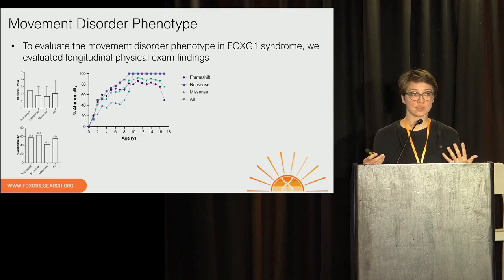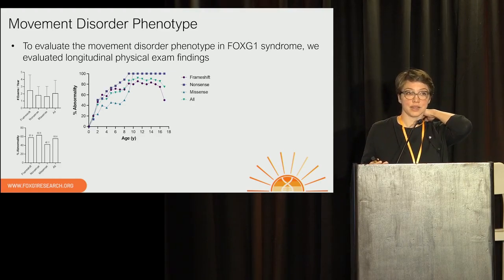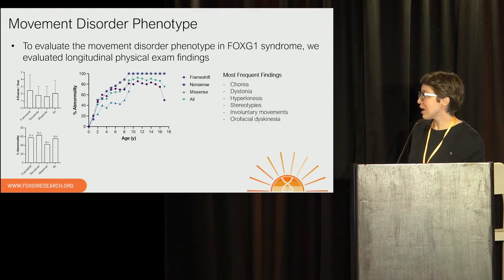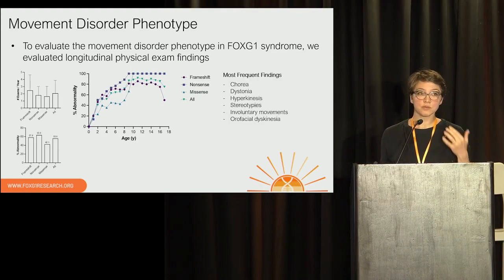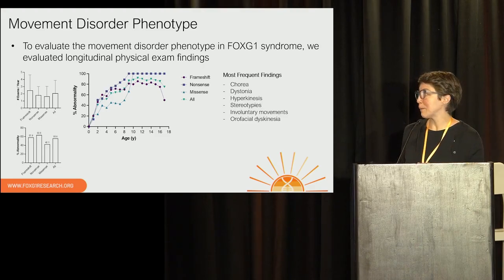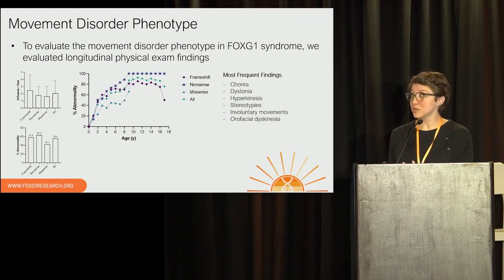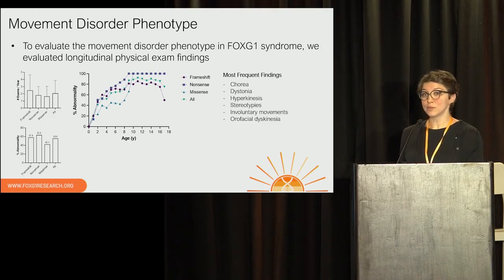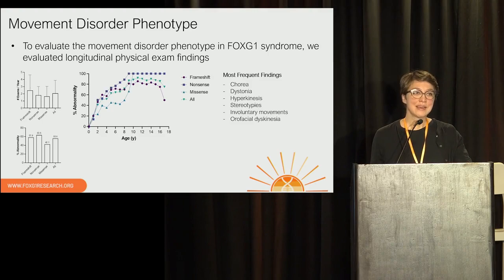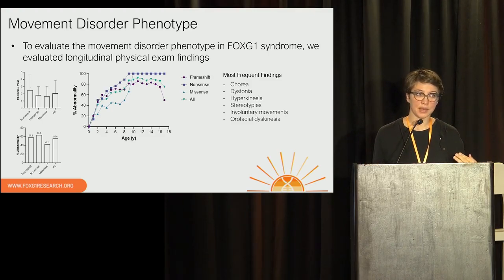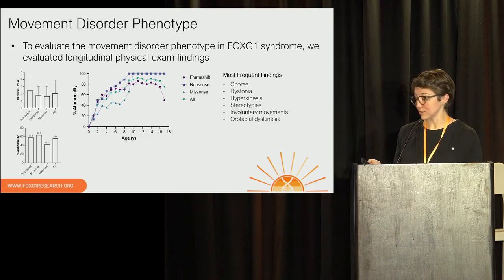So this suggests that this is a relatively prevalent finding in FOXG1 syndrome. And when we look at the most common types of movement findings that are reported on exam, these include chorea, dystonia, hyperkinesis, stereotypies, involuntary movements, and orofacial dyskinesias. So if you're ever looking at medical records, you might notice some of these words coming out on exam findings.